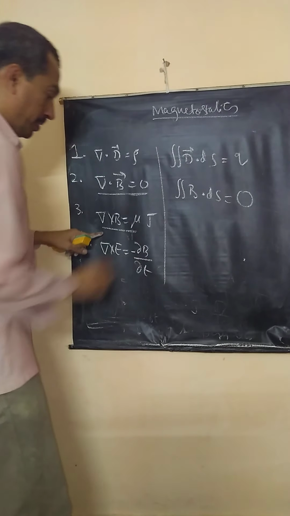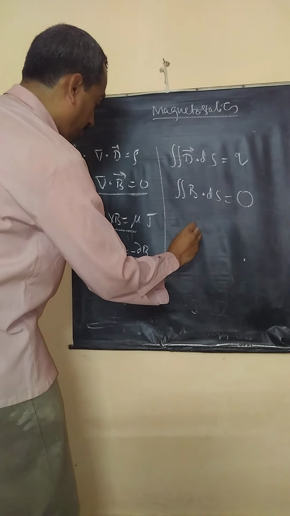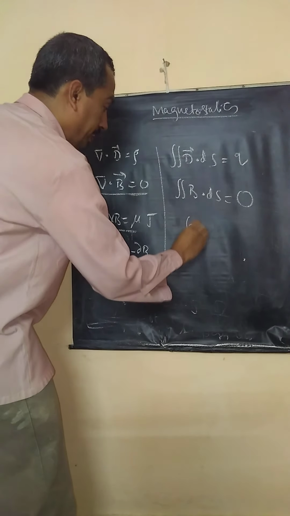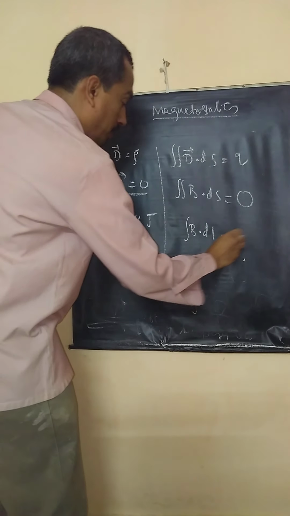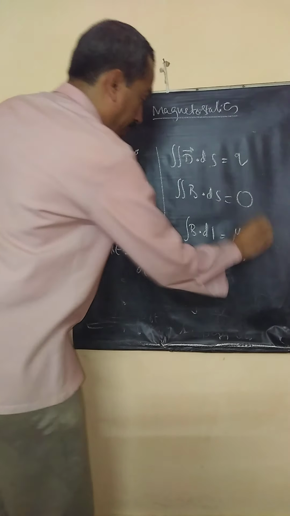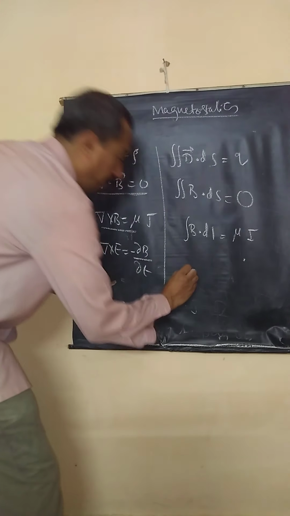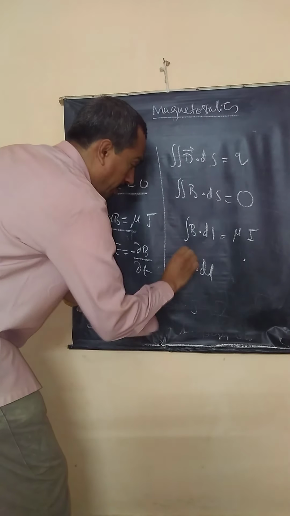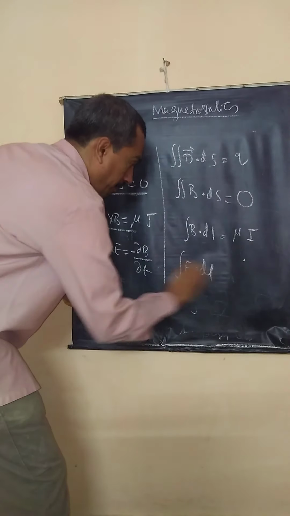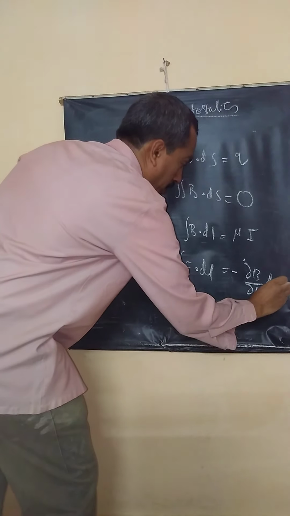So here, how do we write it? B dot dl is equal to mu into I. This is the integral form of Ampere's law. E dot dl is equal to minus dou B by dou t into ds.